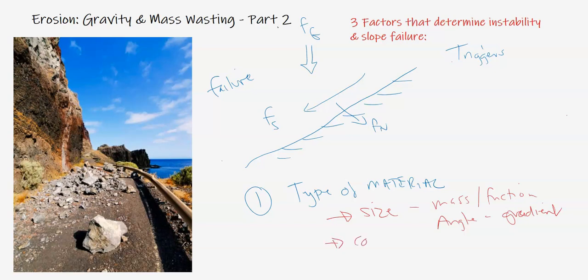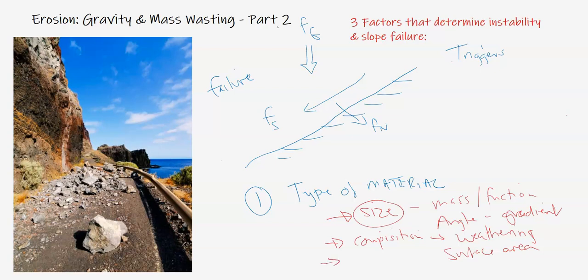Then you also have the composition, which is again the likelihood for further weathering as the rock would be exposed, or initial weathering, and then based on the composition that would dictate if it's broken down further, so the surface area would increase, and thus again come back to changing the size of the material, which would dictate whether it is going to fail or not.